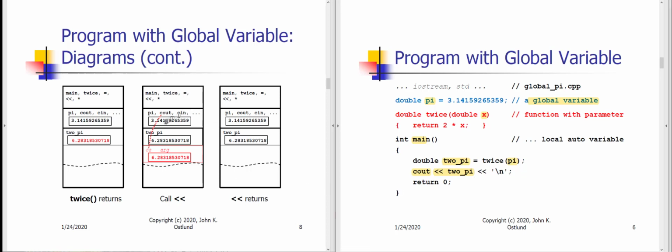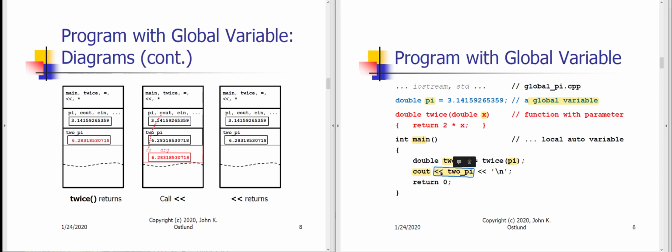Okay, so what's going on now? Well, cout is a global variable. We're making use of that global variable in main. And an argument, namely this value 2pi, gets passed down along with this insert message, if you will, this insert function call.